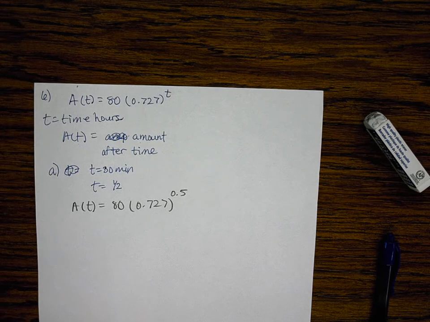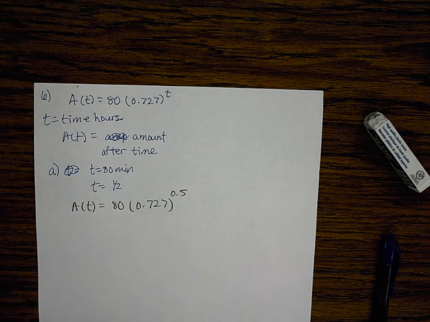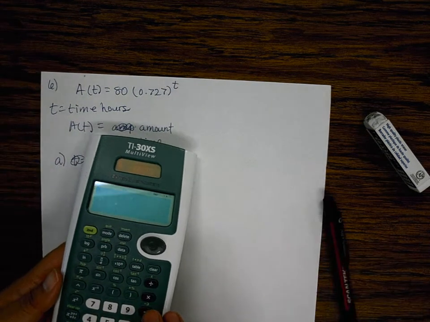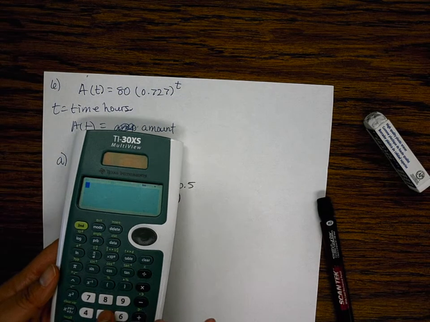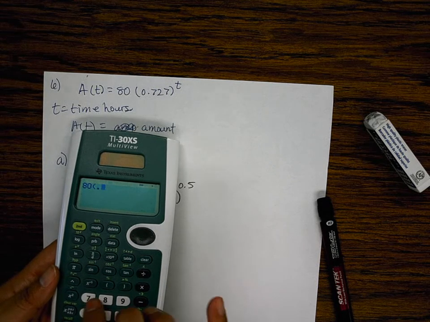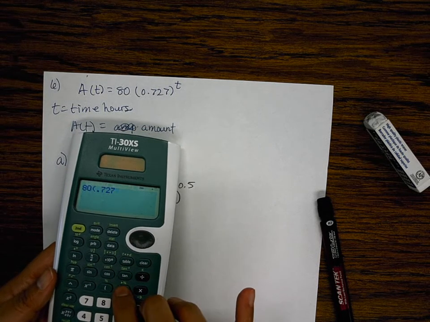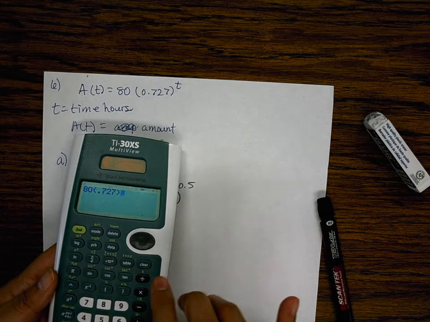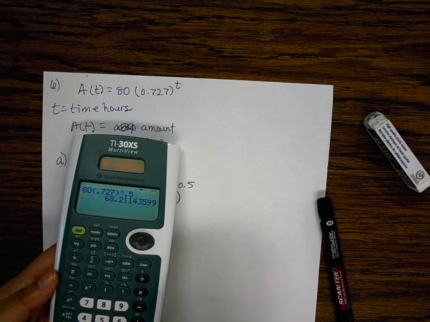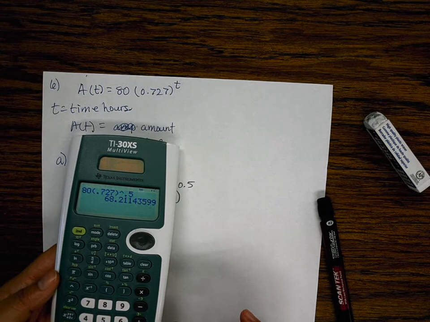And that there is what you're going to plug into your calculator. So get your calculator out and get it ready to plug in. So I have 80 times 0.727, close parentheses, exponent 0.5. And we get 68.211.